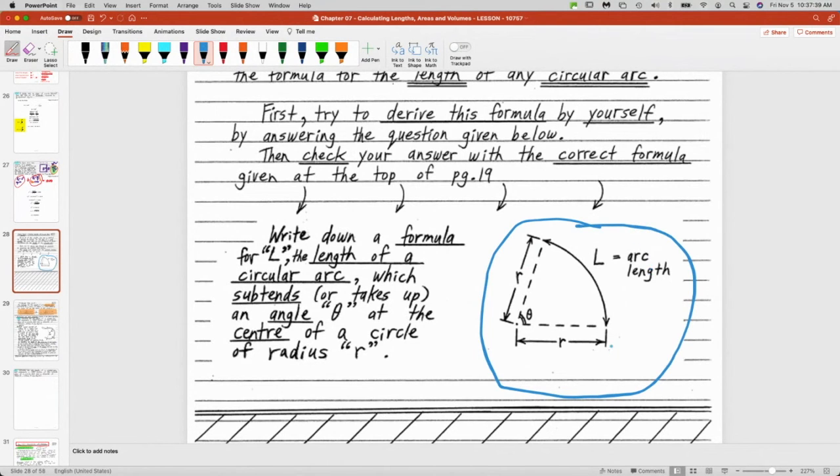A circular arc represents a percentage or a fraction of a circle. If you wanted to find the area of that, we talked about that last time. It's based on the proportion of the angle compared to 360. So if this angle is maybe 70 or 80 degrees, you would divide 80 by 360, and that would tell you what fraction of the circle this area occupies.